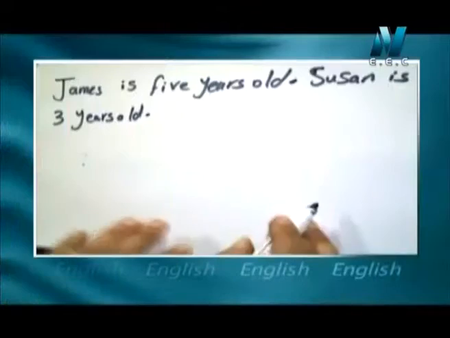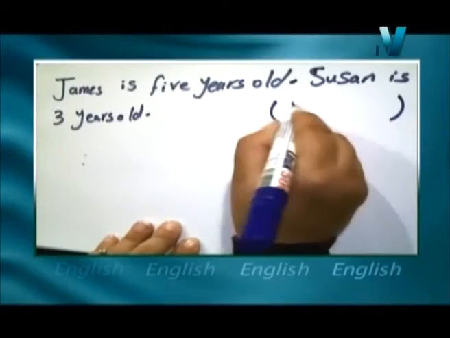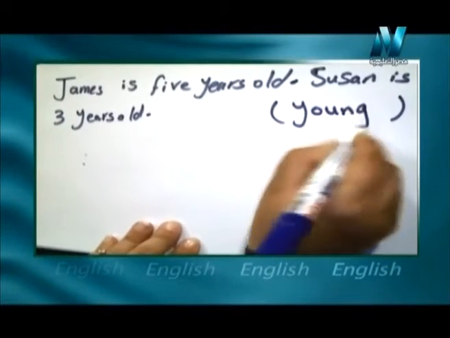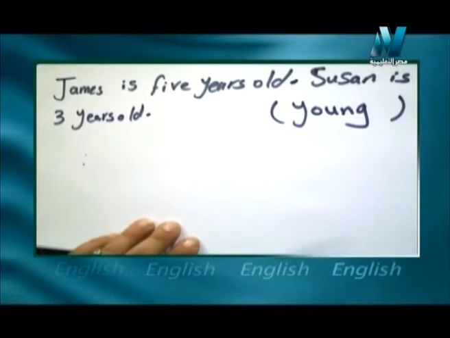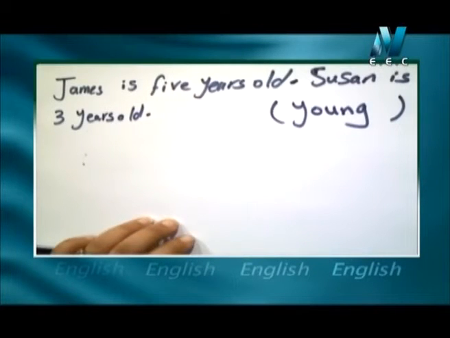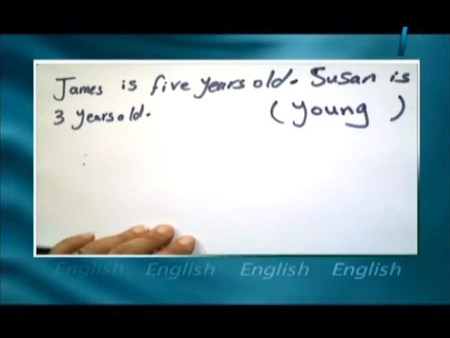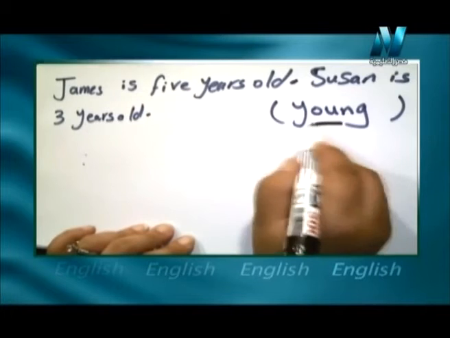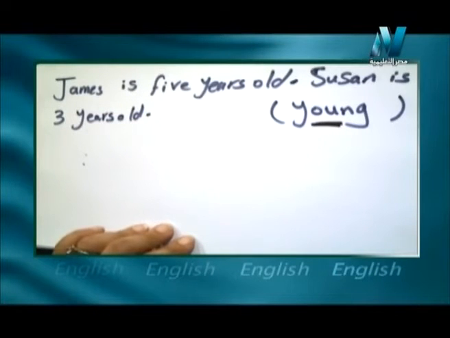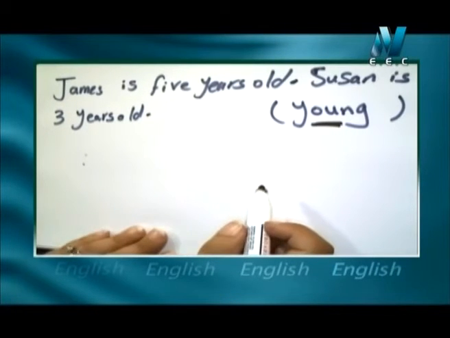And I want to use the word young, the adjective young. Let's do it again. James is 5 years old. Susan is 3 years old. Young means small. Okay, who is young here? James or Susan? Susan. So I will start by Susan.